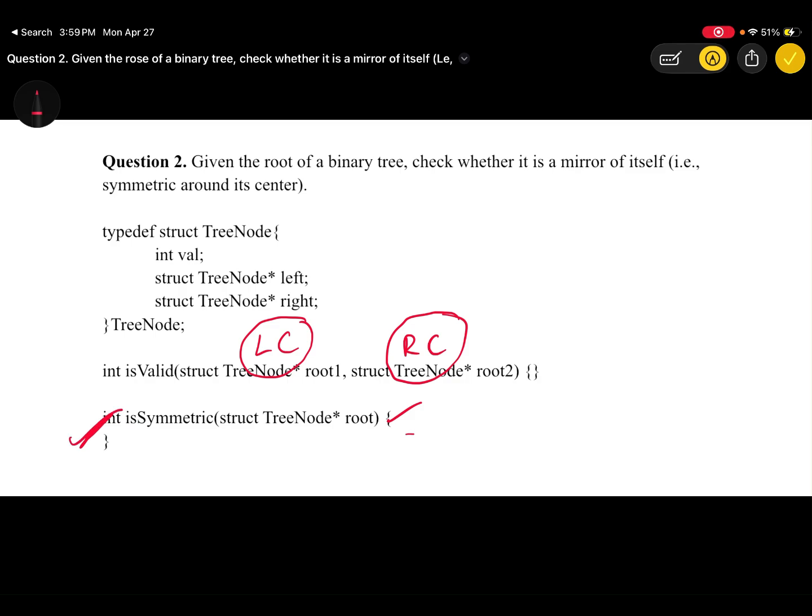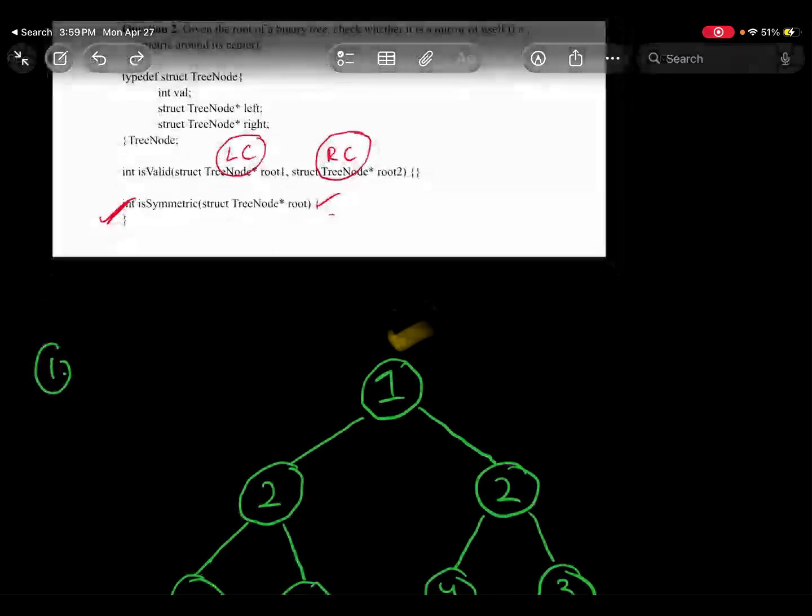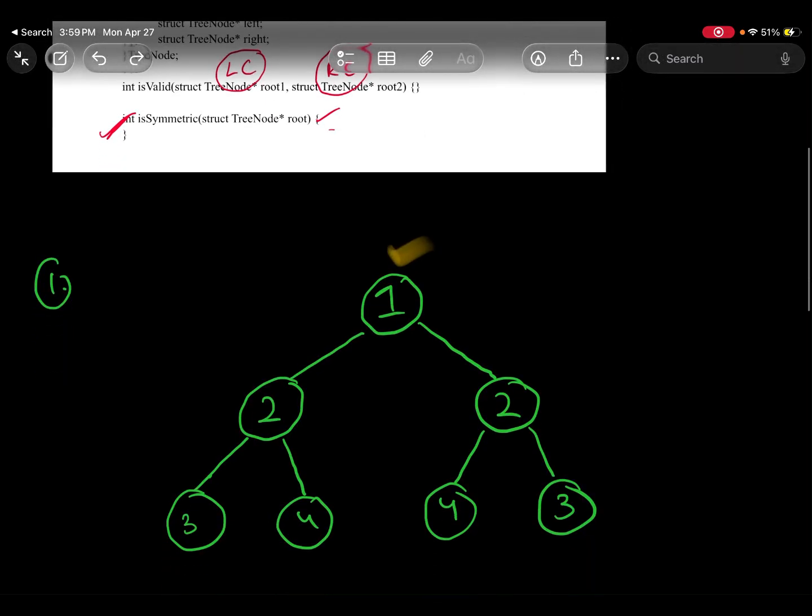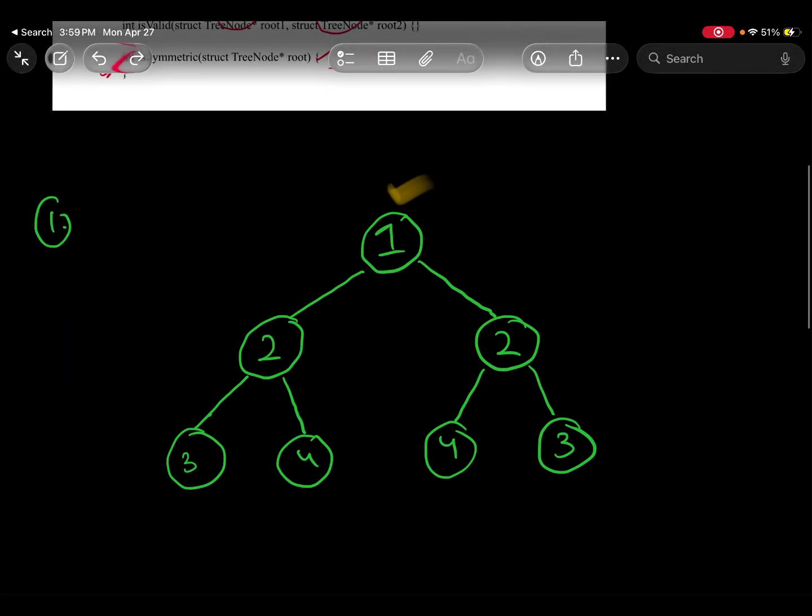This is the wrapper function, and in it I will be passing the root's left child and the root's right child. The base cases are exactly the same. These are the values I'm passing into the main isValid function. So this is my left child and my right child, or you can call it left subtree.